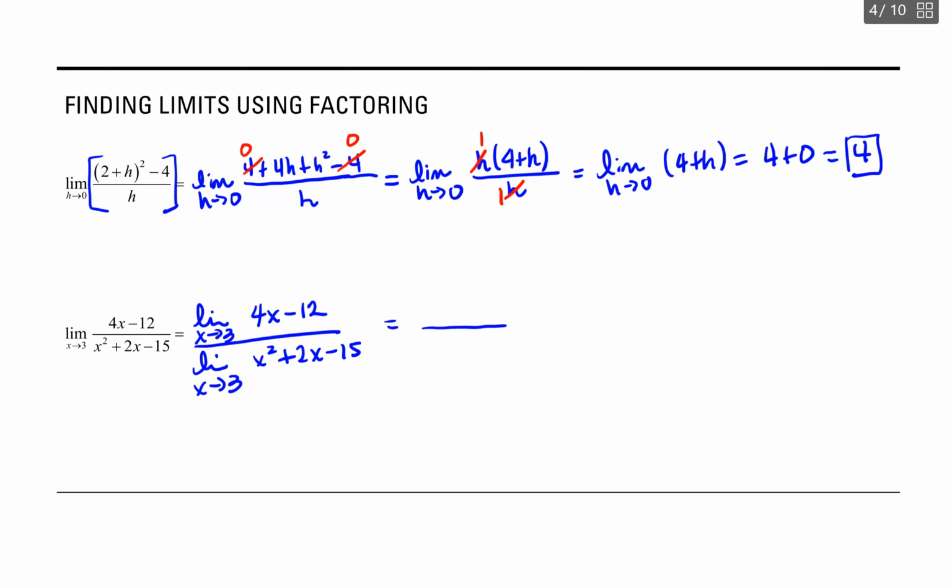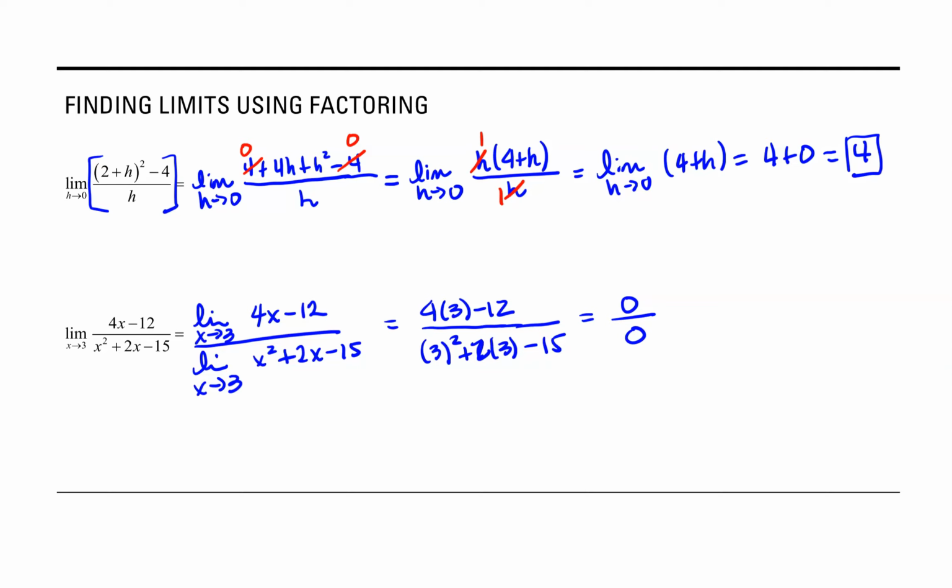It would approach 4 times 3 minus 12. And in my denominator, x squared plus 2x minus 15 would approach 3 squared plus 2 times 3 minus 15. If I simplify my numerator, I get a 0. And 9 plus 6 is 15, minus 15 is 0. So again, this is an indeterminate form.